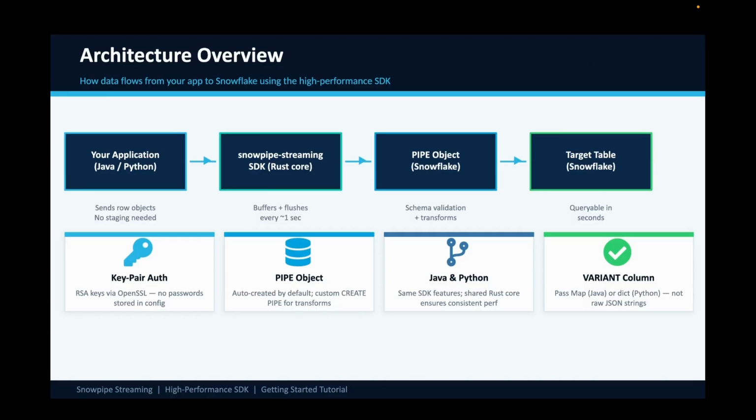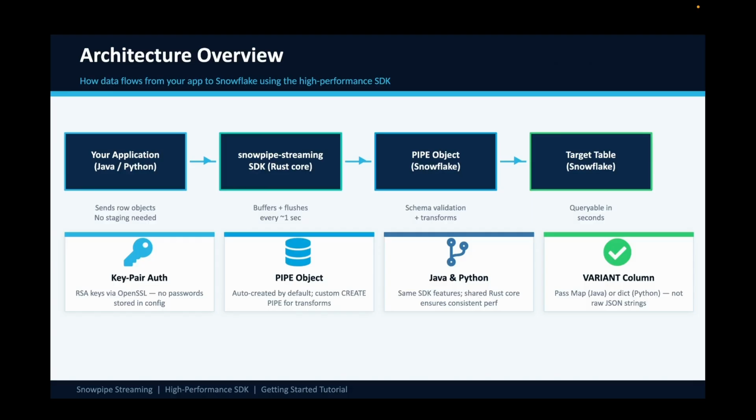What are the steps that are needed as part of this? We need key pair authentication for seamless Snowflake connectivity, and a pipe object for better throughput. We will have a default pipe object or a custom built pipe object for in-flight transformations.